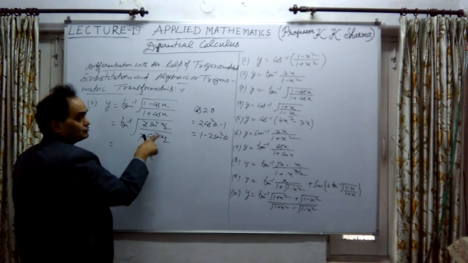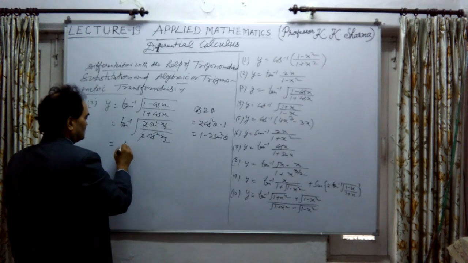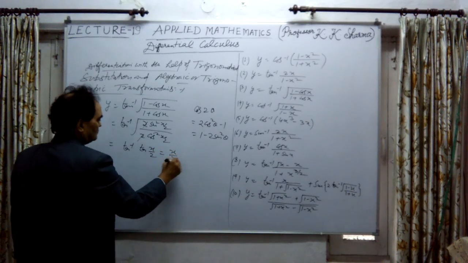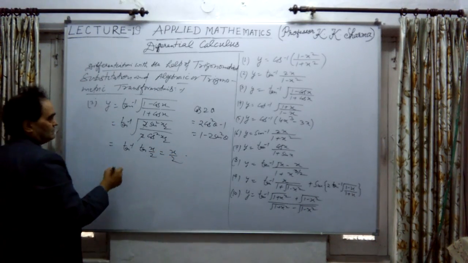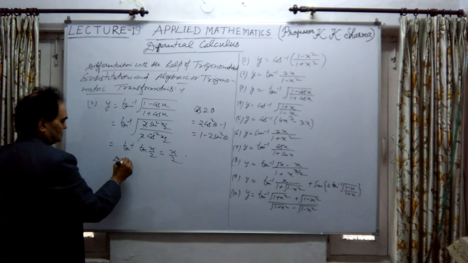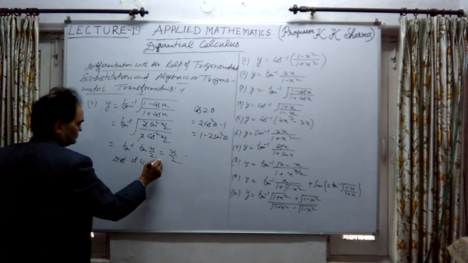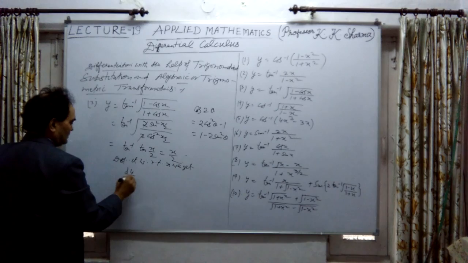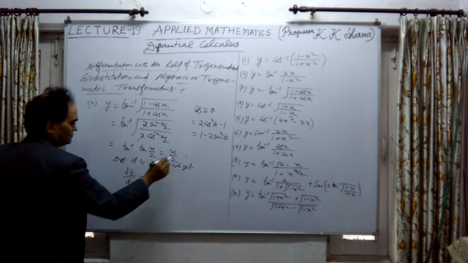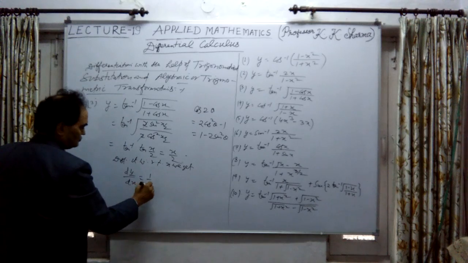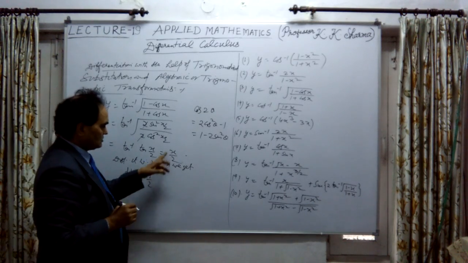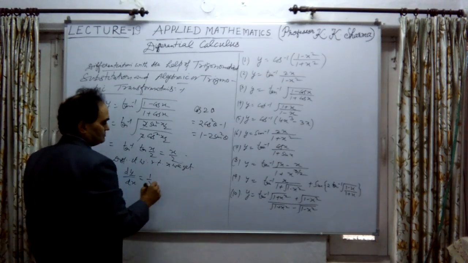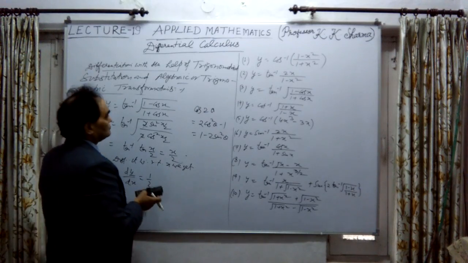You get tan square x by 2, and the square root cancels out, so tan inverse tan x by 2, which is equal to x by 2. Now differentiating it with respect to x, we get d/dx of y equal to d/dx of x upon 2, which is 1 upon 2. The differential of x is 1 and 1 by 2 is a constant, so it is 1 by 2. This is the answer. This is how the third question is solved.